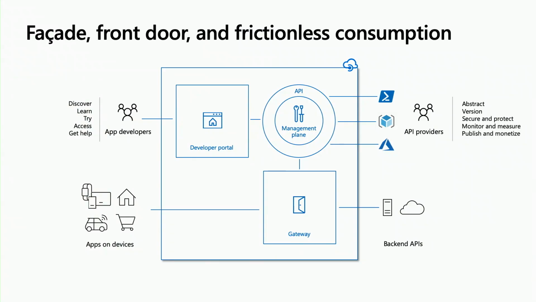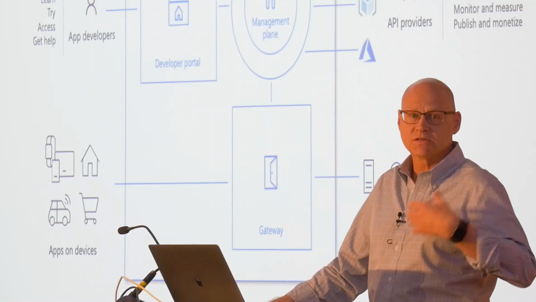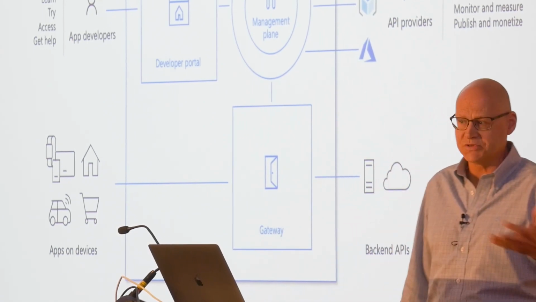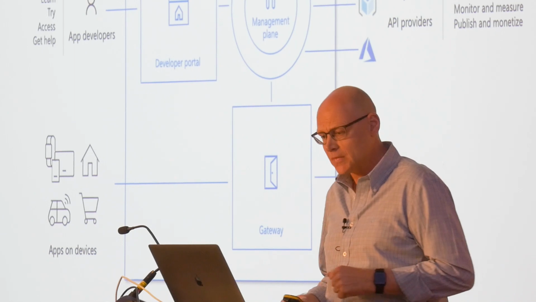It consists of three things: a gateway, a management plane with a configuration database, and developer portal. API providers interact with the management plane and the API management service through a number of interfaces. Obviously, Azure Portal, but also PowerShell, ARM templates, REST API, and of course, SDKs and things like that.